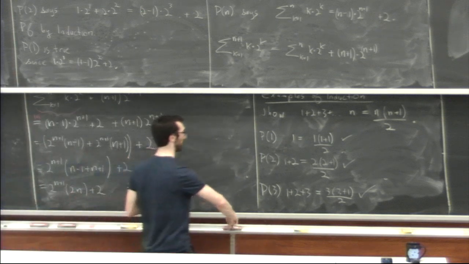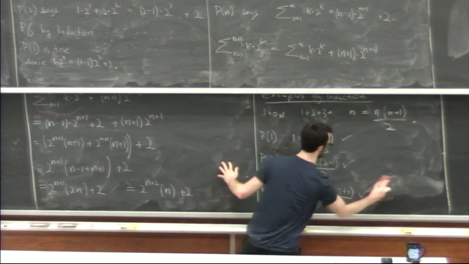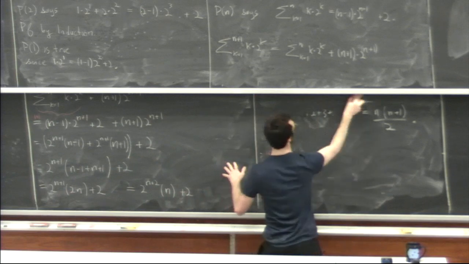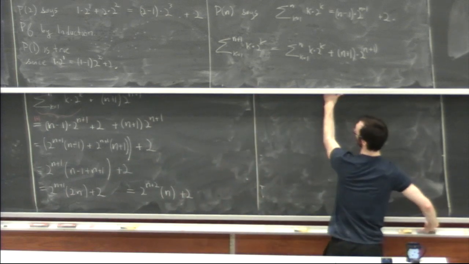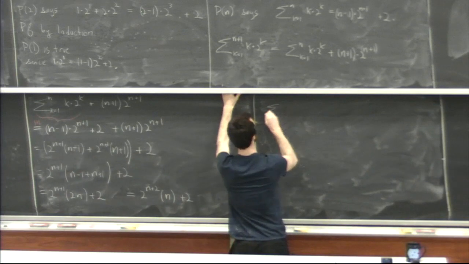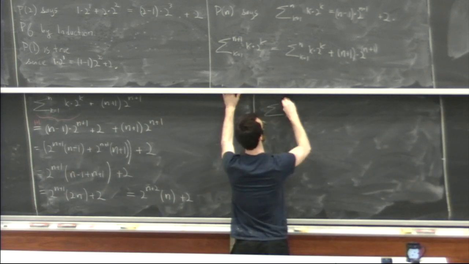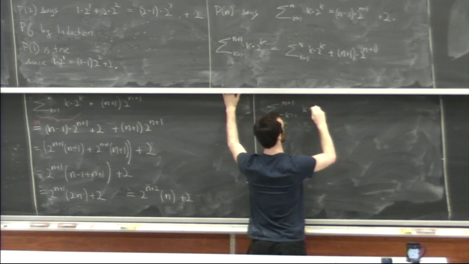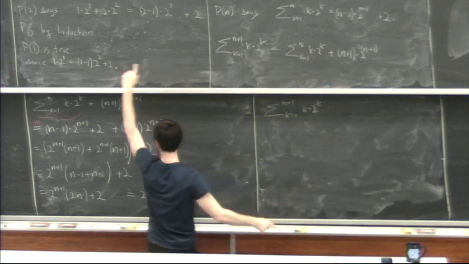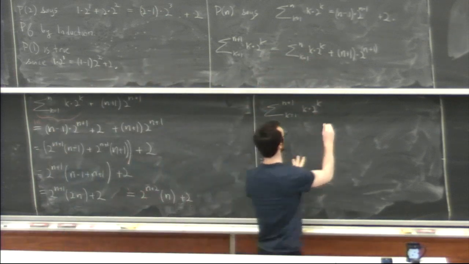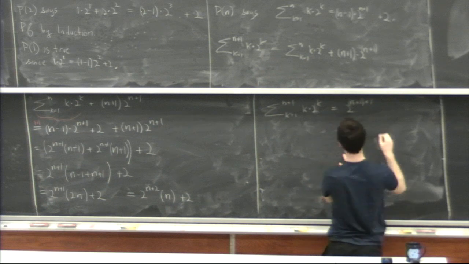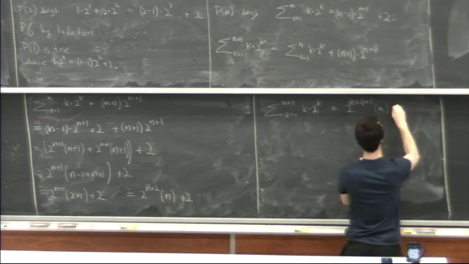So let me rewrite what I have gotten using the inductive hypothesis. Assuming that P of n is true, what I have shown is that the summation from k equals 1 all the way up to n plus 1 of k times 2 to the k, if I trace through, is equal to 2 to the n plus 1 plus 1 times n plus 2.